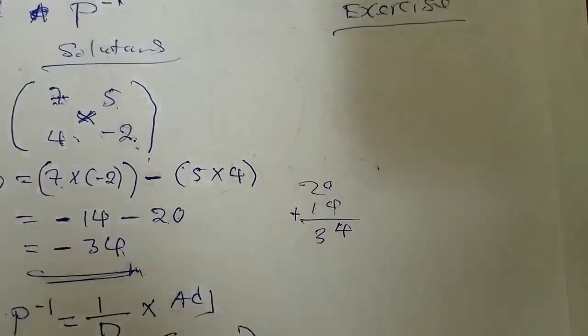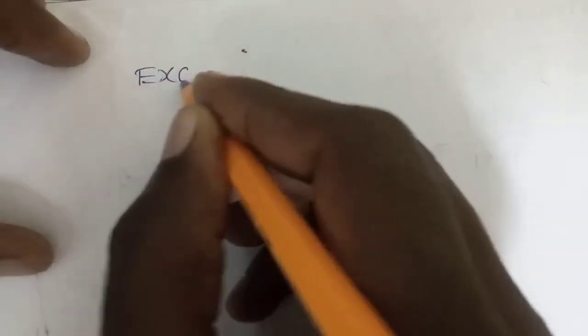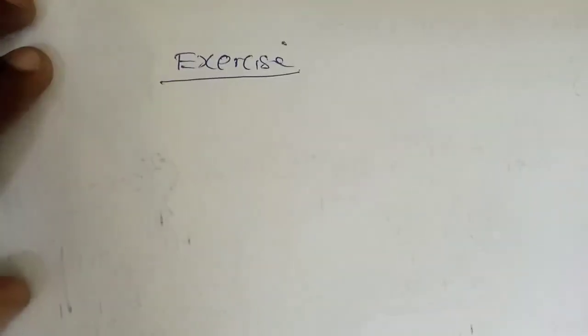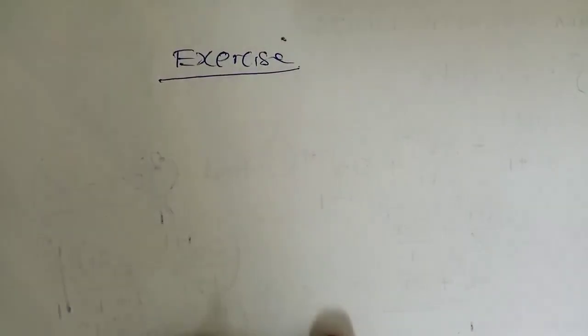Let me just use a plain paper, another plain paper like that. So I have exercise like that. Okay, so let me give you the questions. Make sure that you solve them so that you understand very well.